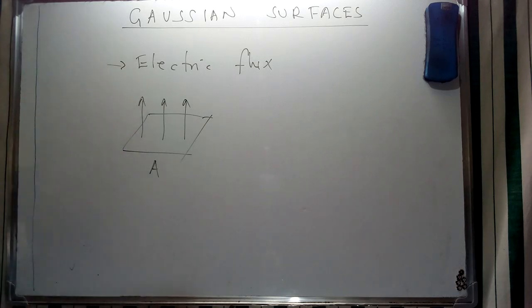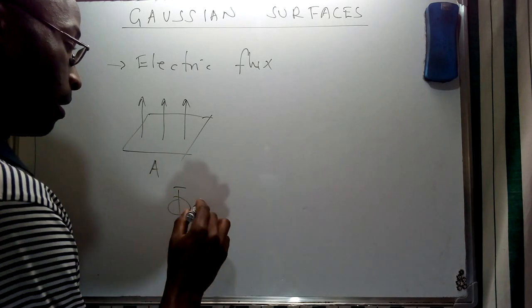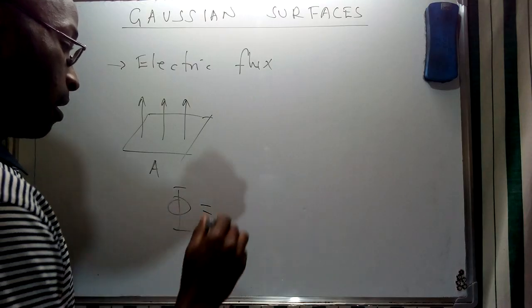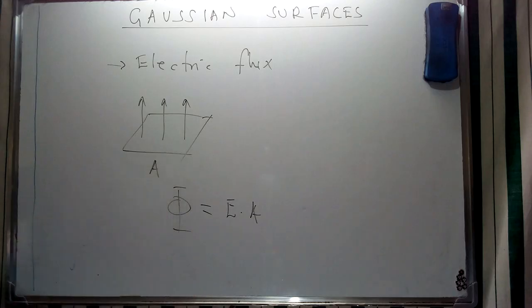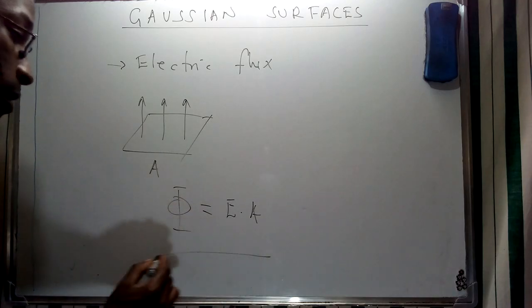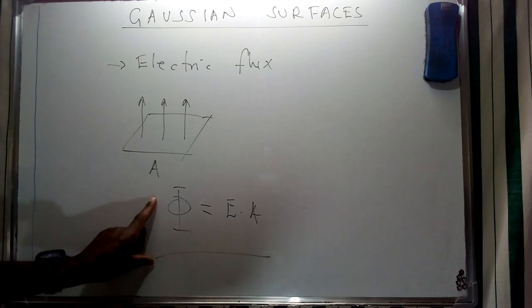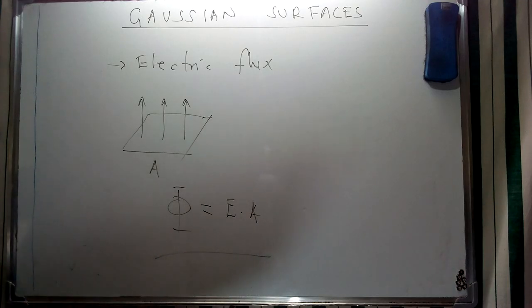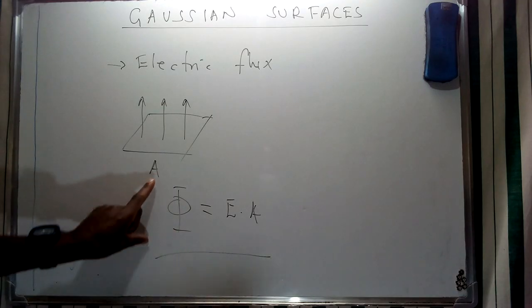We defined electric flux as the number of electric field lines passing through a given area over a specific time.